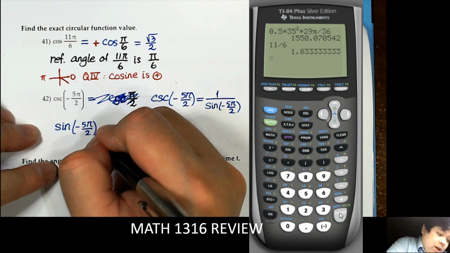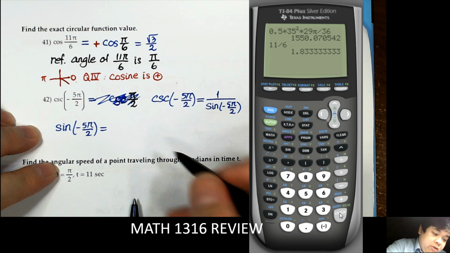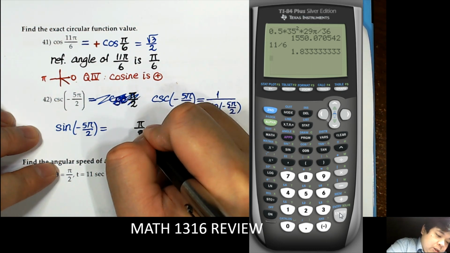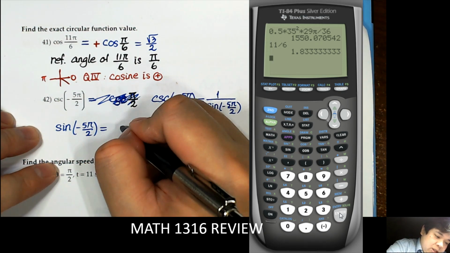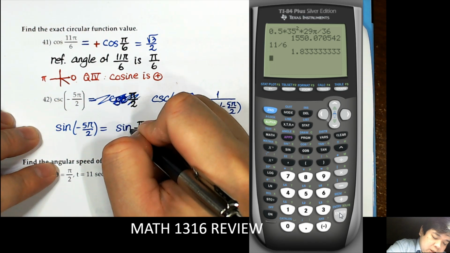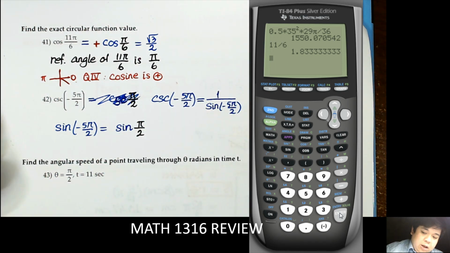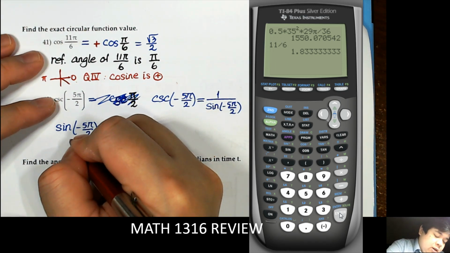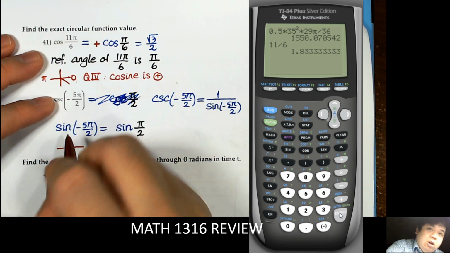I will do the same thing. Reference angle is pi over 2. So this is going to be sine. Next, we determine the quadrant.